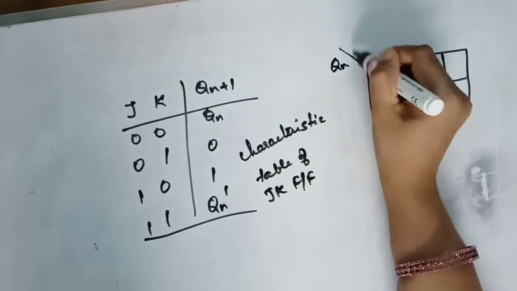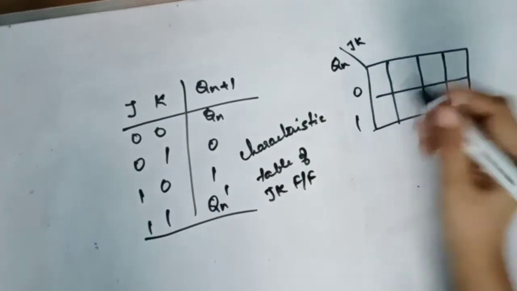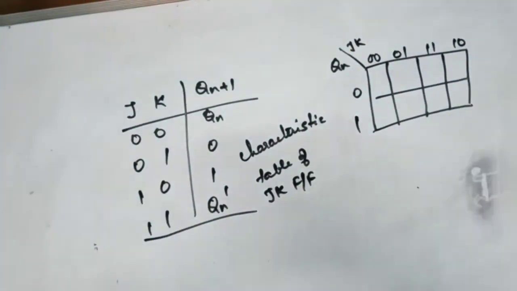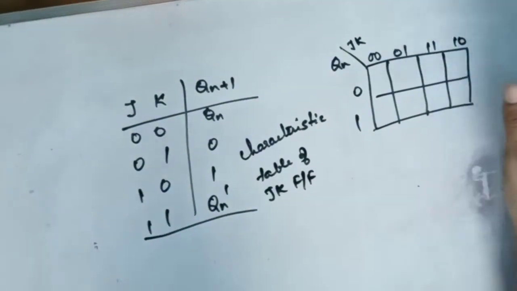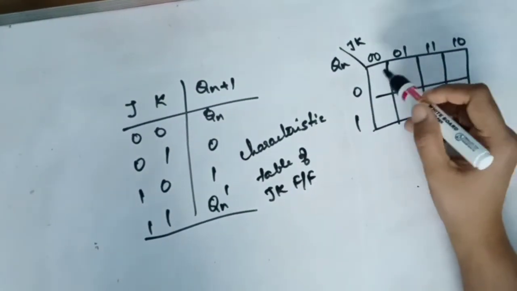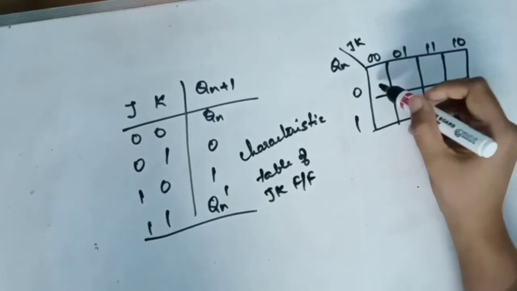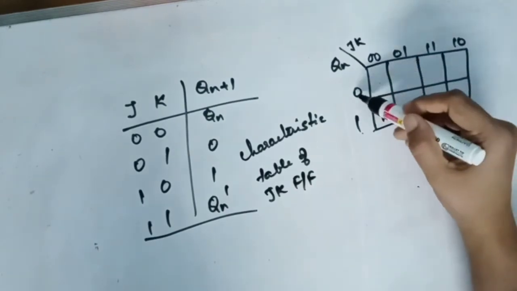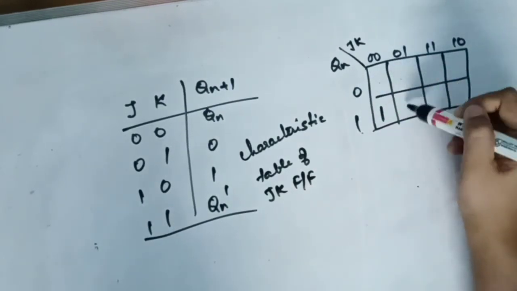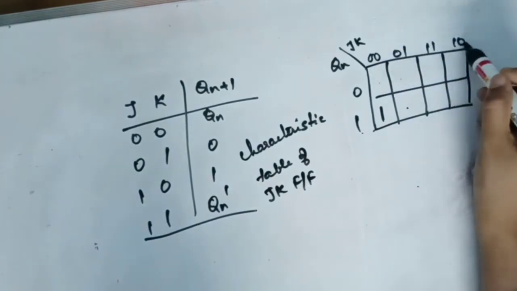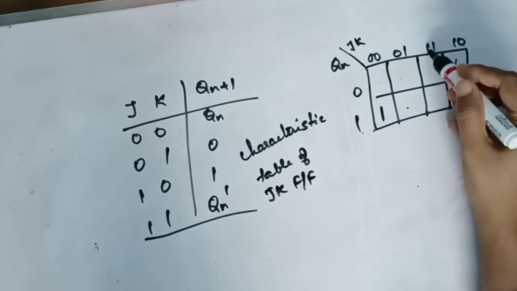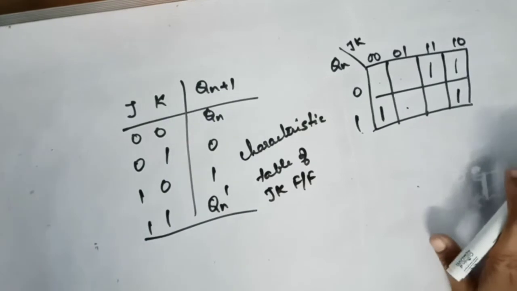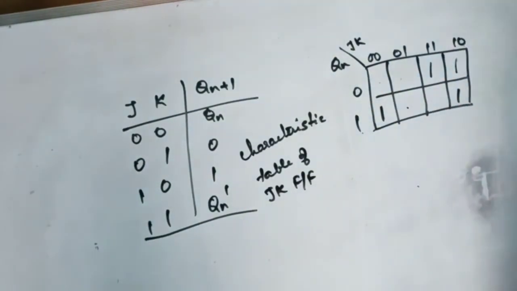This is Qn, J, K. I wiped off the big table, so you can check it and write. 0 0 is Qn, 0 1 is 0, 1 0 is 1 and 1 1 is Qn bar. So this is 1 and this is 0. You can check from the earlier big table and write this.